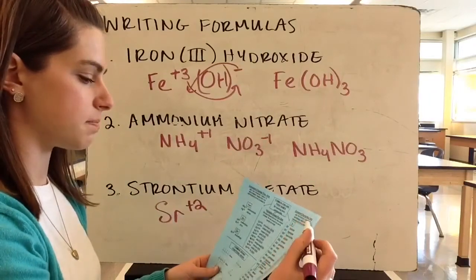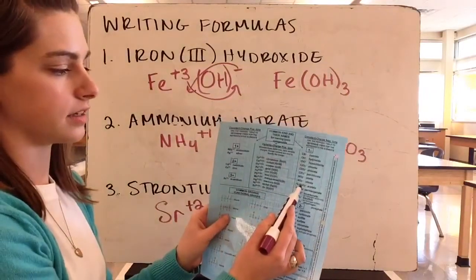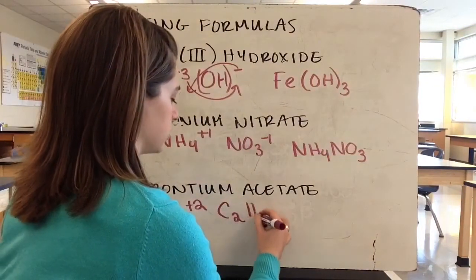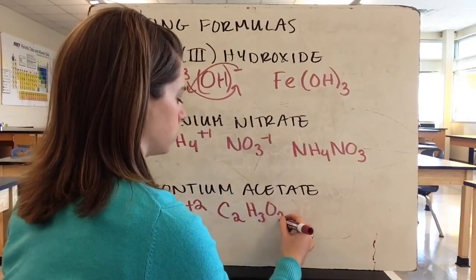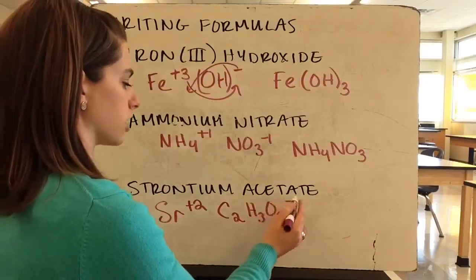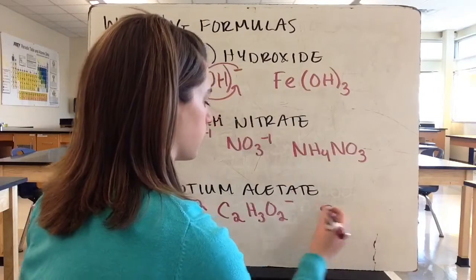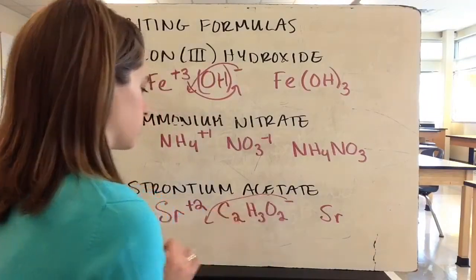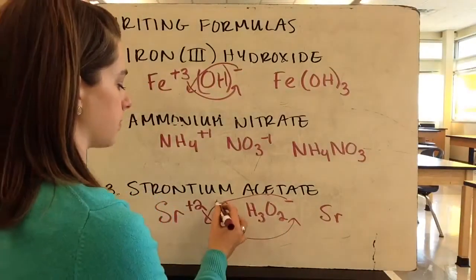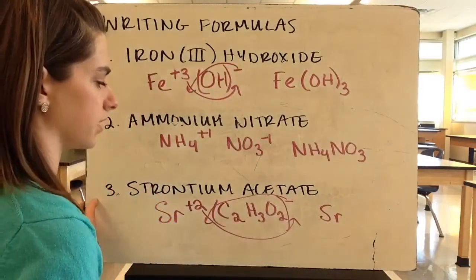We find it on the back. It is right here. So it's C2H3O2, and it has a -1 charge. Now, when we crisscross our charges, we're going to end up with 1 strontium, because the 1 will go down there. The 2 will come out here. Remember, we have to put parentheses around our polyatomic ion.